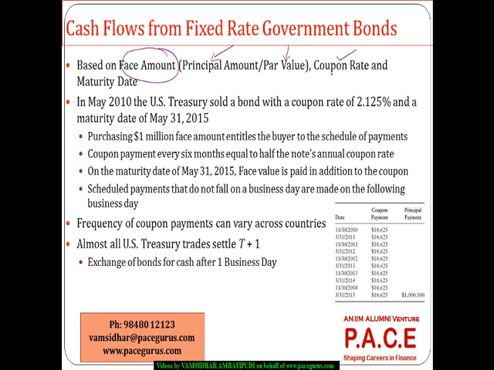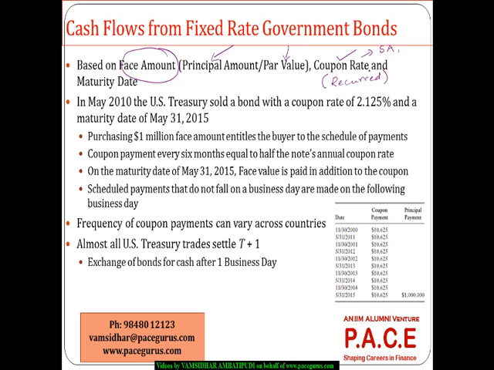And there is a coupon rate associated with every fixed income security, which is a recurring payment at regular intervals of time. In many cases it is paid on a semi-annual basis.